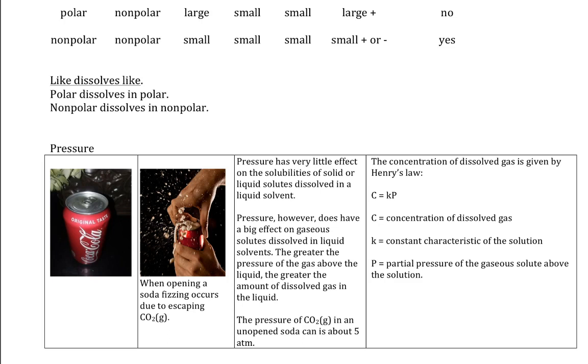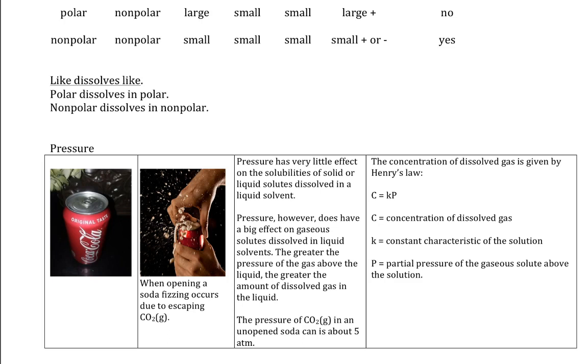Pressure has very little effect on the solubilities of solid or liquid solutes dissolved in a liquid solvent. But pressure does have a big effect on gaseous solutes dissolved in liquid solvents. The greater the pressure of the gas above the liquid, the greater the amount of dissolved gas in the liquid. Now, is the pressure above the liquid in a can of soda large?